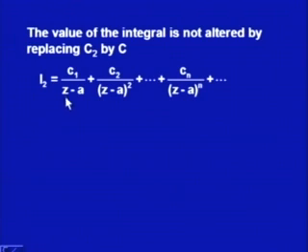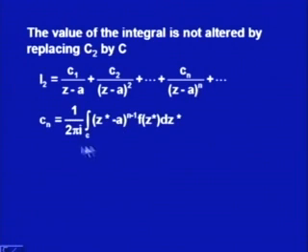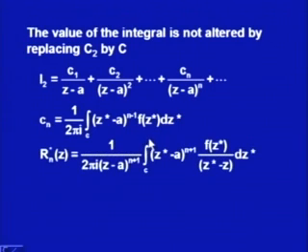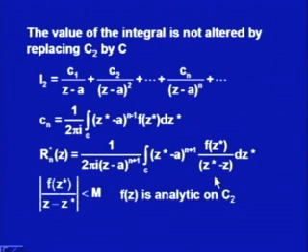Then I2 will be represented as C1 divided by (z minus a) plus C2 divided by (z minus a) square, and the nth term being Cn divided by (z minus a) raised to power n, and so on, where the coefficients C1, C2, Cn are given by this general formula: Cn is equal to 1 upon 2 pi i integral over C, and the integrand is (z* minus a) raised to power n minus 1 into f(z*) dz*. So, this is my Cn.